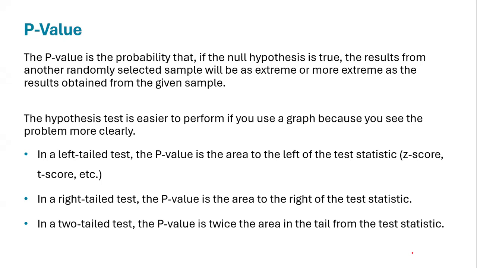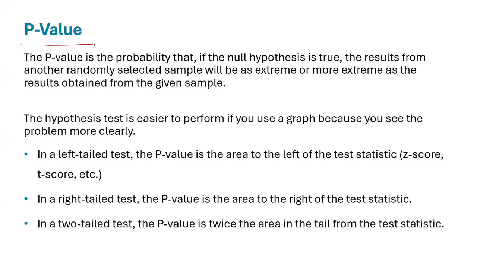We need to find the test statistic if we are going to use a z-test or t-test. After finding the best test statistic, we are going to calculate it. And after finding the z or t, we need to compare that value with alpha. And this method is called the p-value method.